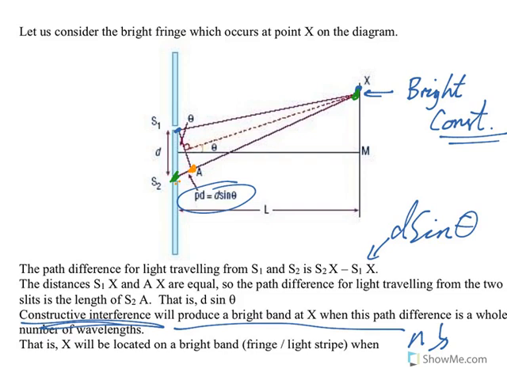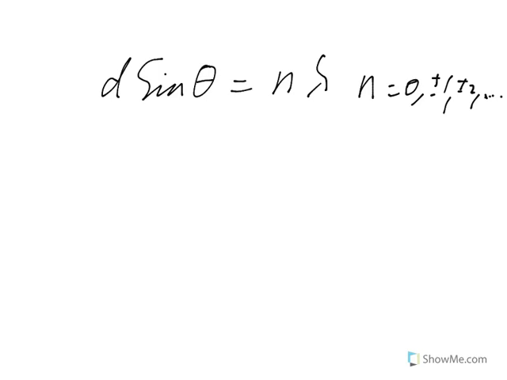Now you might be thinking, why do we get the minus? Well, if X is over here, then there will be something on this other side, an equal distance from the middle, where there'll be a bright spot as well. And so that's where the plus or minus comes from. And n is which bright spot it is.